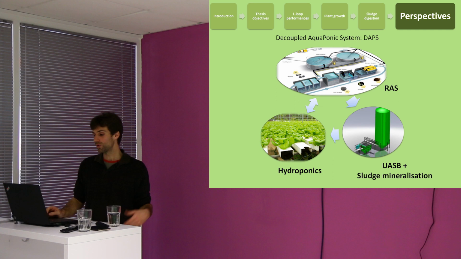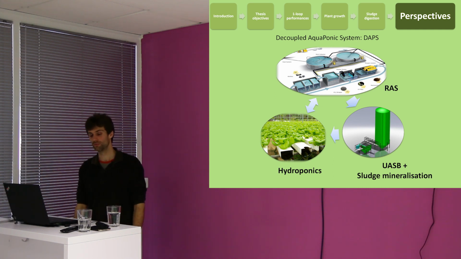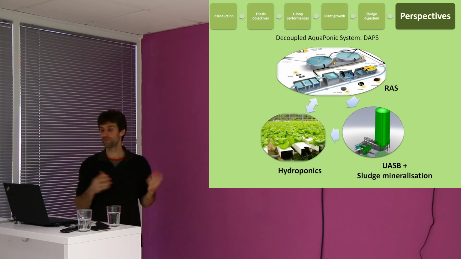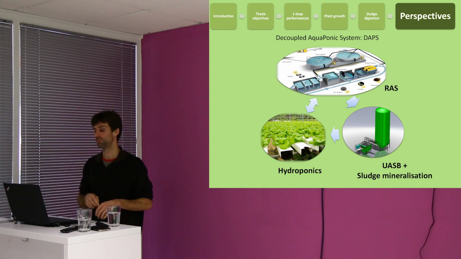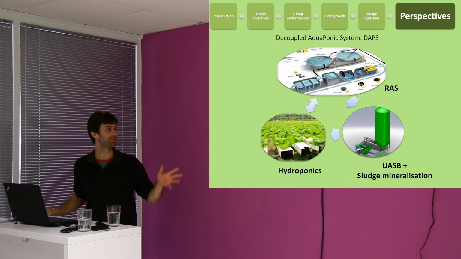And so, if we want to integrate all these findings, we suggest to use a more decoupled approach. So it will be more like a multi-trophic system. So you have different loops that you connect together, but not a simple one loop where you recirculate all the flow through; you just send the water to different parts.